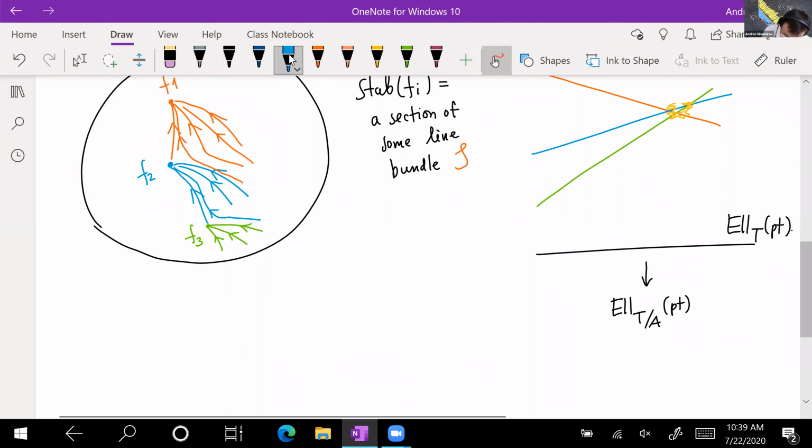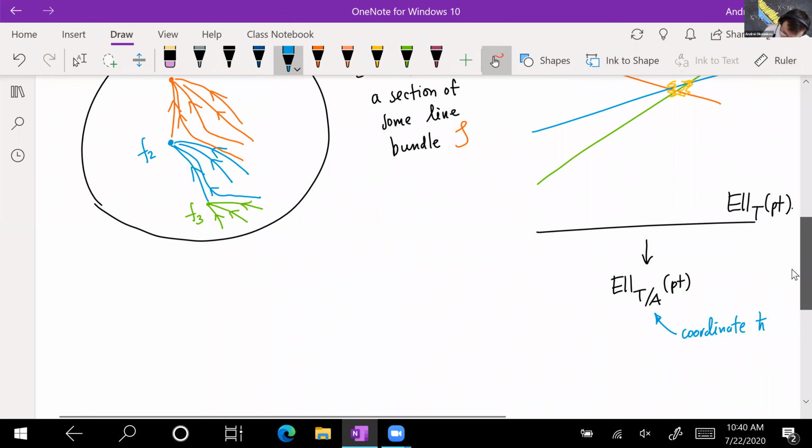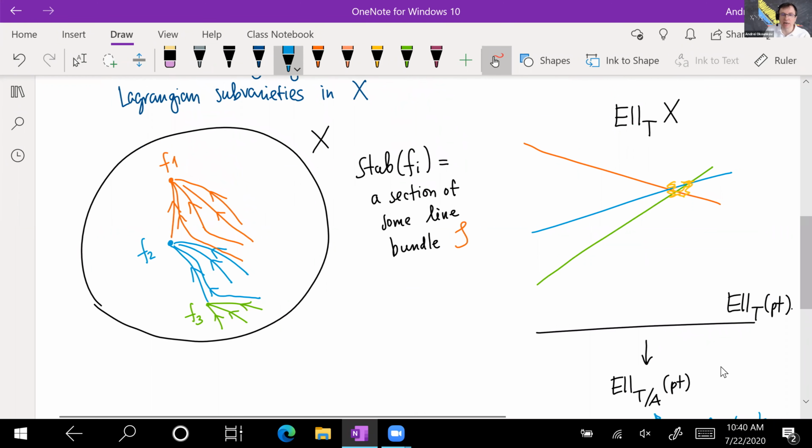This torus has the coordinate H. The fibers over that H bar are copies of the elliptic homology of A. And so this is the line bundle S.